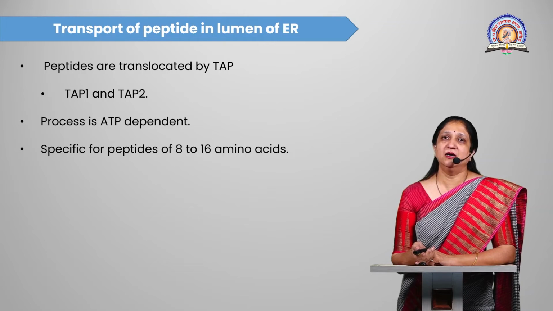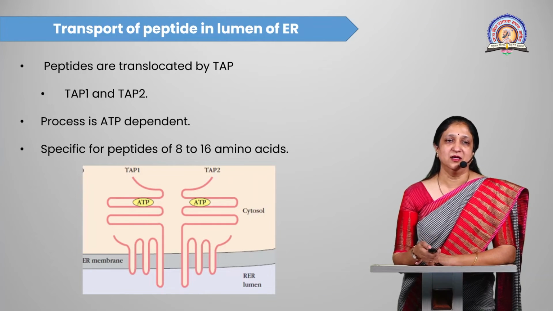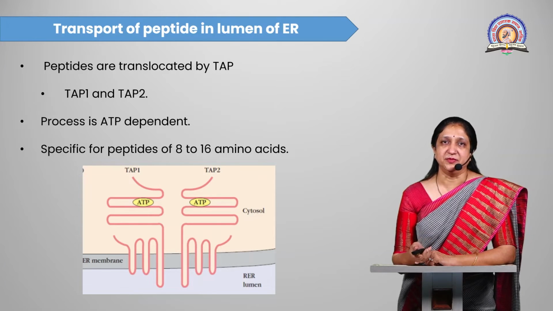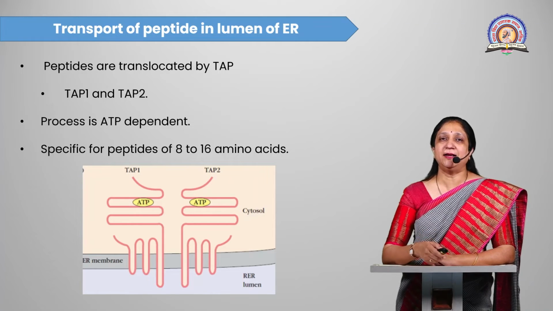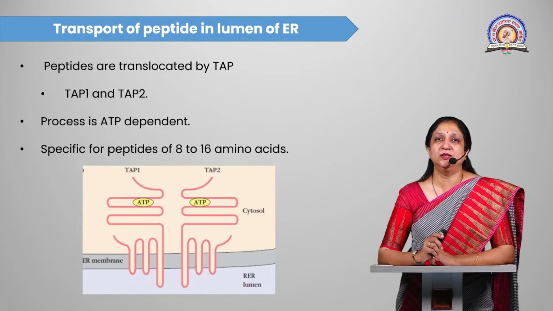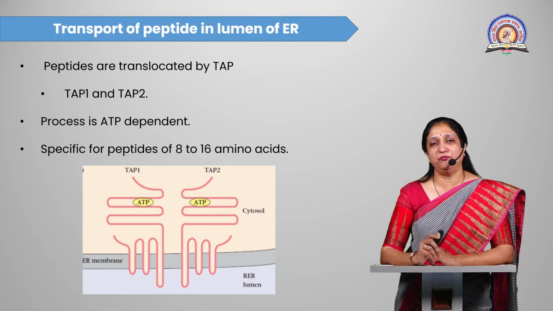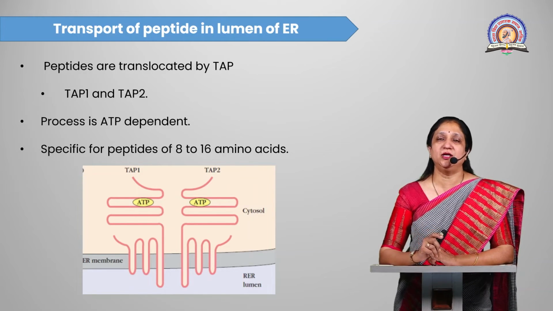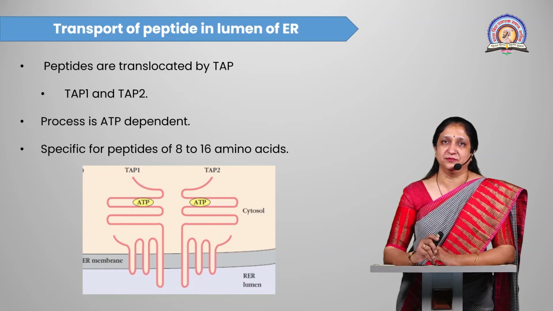So it is a heterodimeric transmembrane protein, and it traverses the endoplasmic membrane around 3 times. Each of the subunits, TAP1 and TAP2, is associated with ATP, because the transport of peptides from the cytosol into the lumen is an ATP dependent reaction.